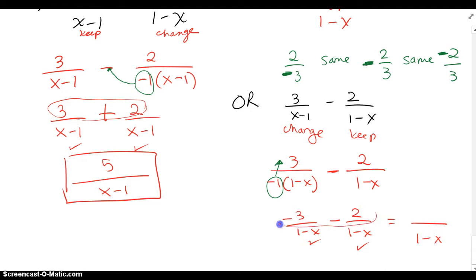And I can actually combine the numerators. -3 and -2 is -5. This is another acceptable answer. So I either have the opposite, the negative, in the top like I do over here, or I have the negative gone and sucked into the denominator, which really has the order of x and 1 reversed. Here you have 1 minus x, here you have x minus 1.